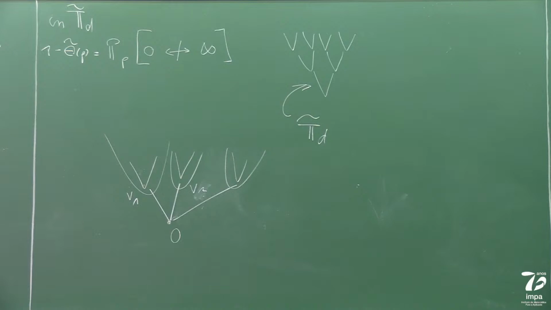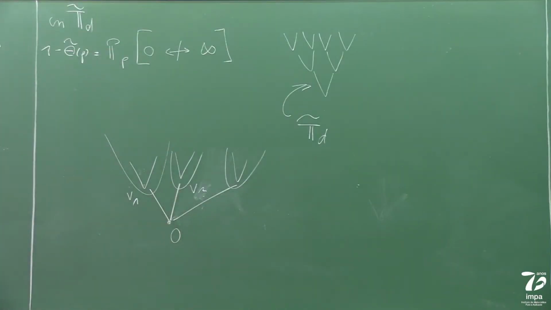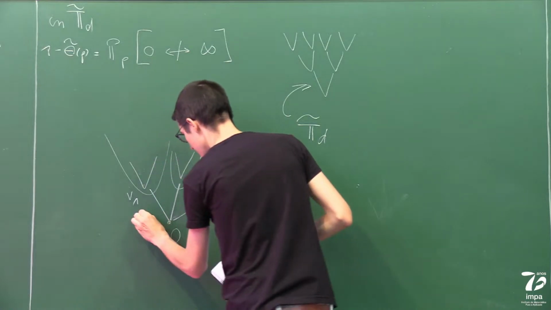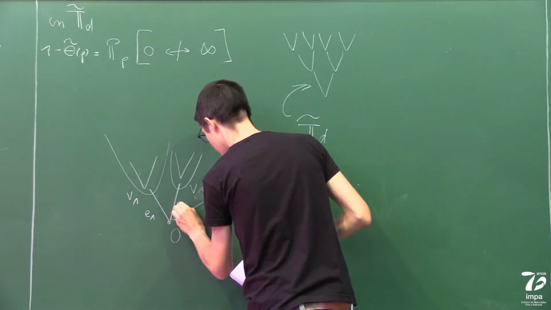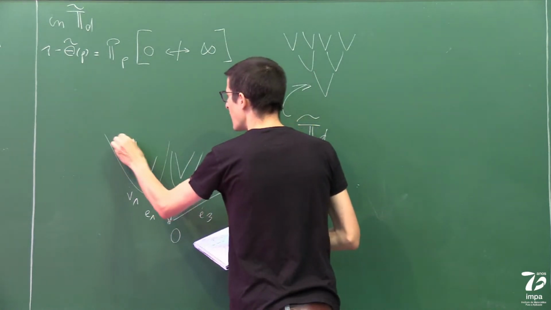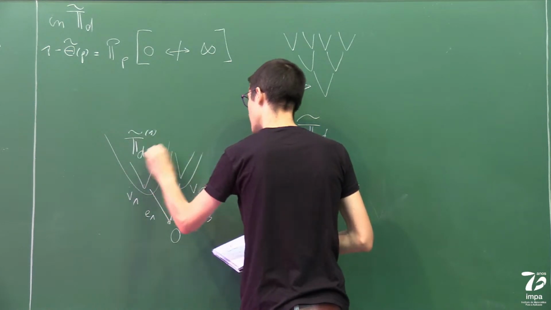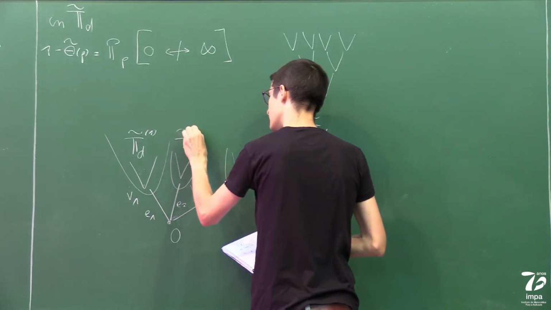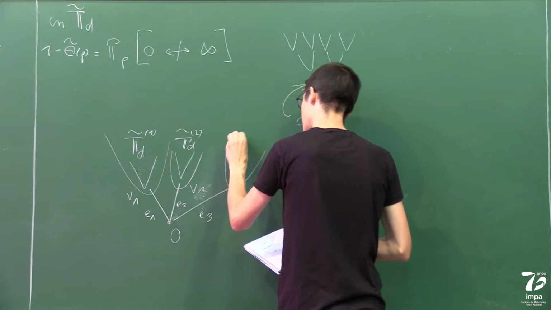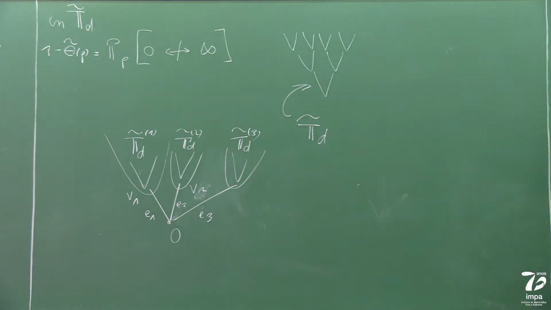In TD, now I might want to look at my notations. Let me call E1, E2, E3 these vertices, and let me call these things T1D, T2D, and T3D. Okay?